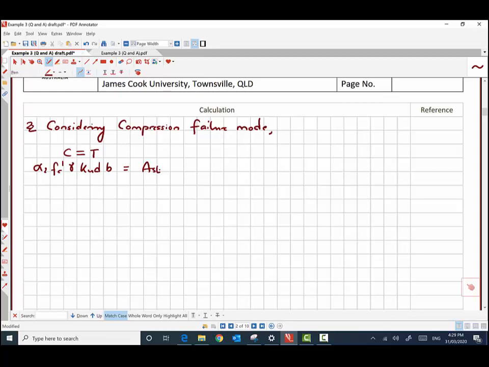Now the thing to note here is that in tension failure we took the stress in the steel equal to Fsy, but when we are considering that the steel has not yielded yet, we cannot take sigma st equal to Fsy, because the steel is not yielding.